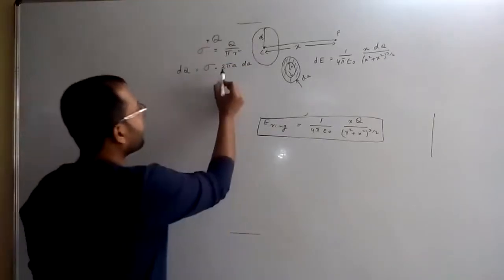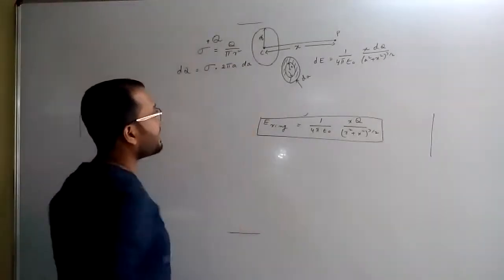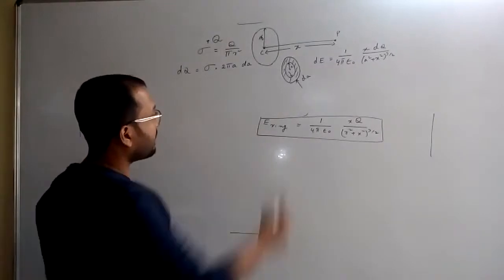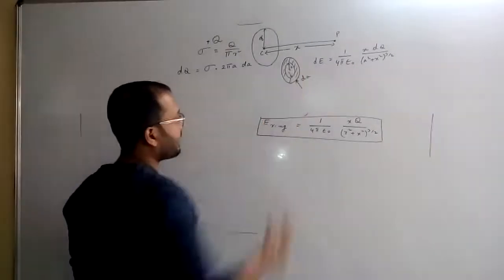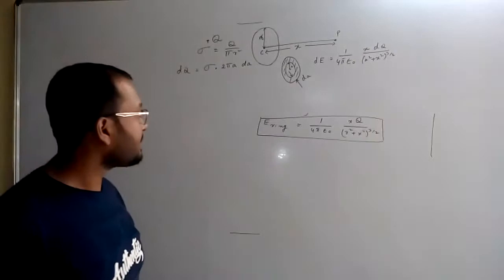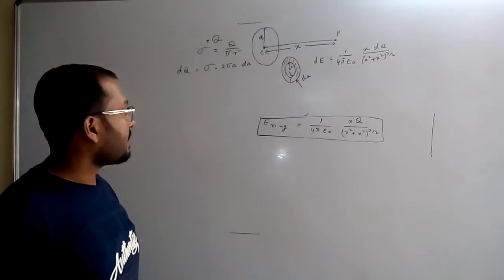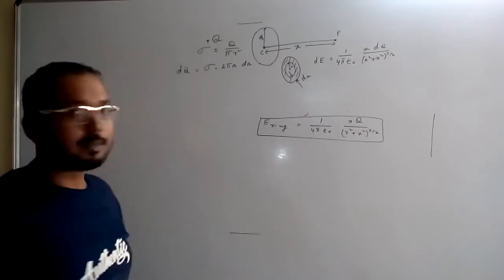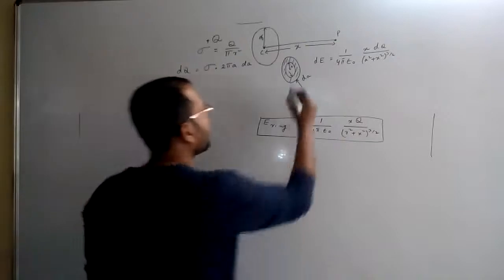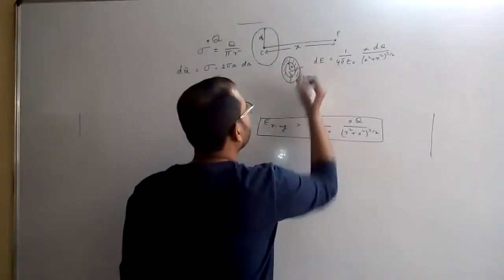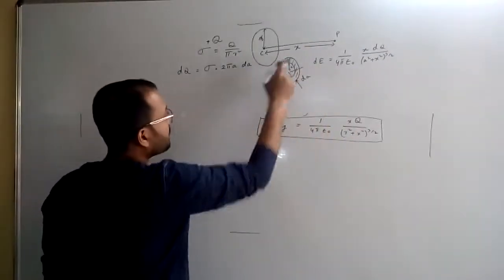How do I arrive at this formula, 2 pi a dA, for the area of the infinitesimally thin ring? Well, there are many ways to think about this, many ways to figure it out. One especially simple way is to imagine that you cut this part out and straighten out the circle.